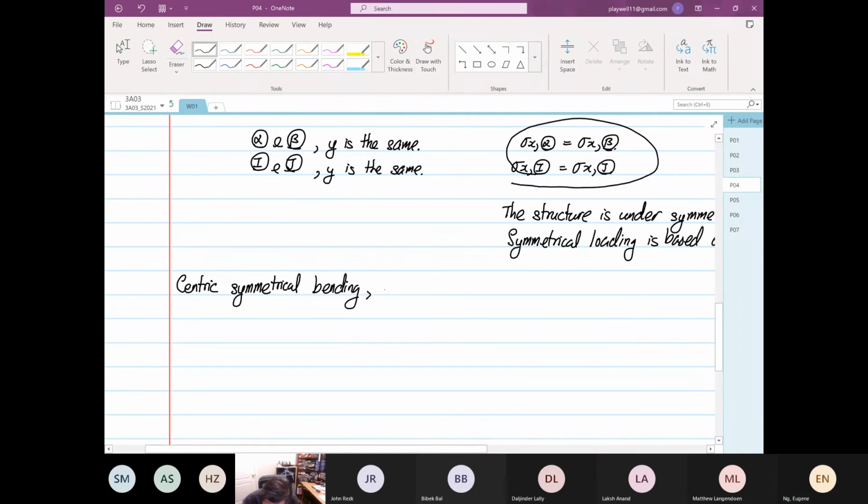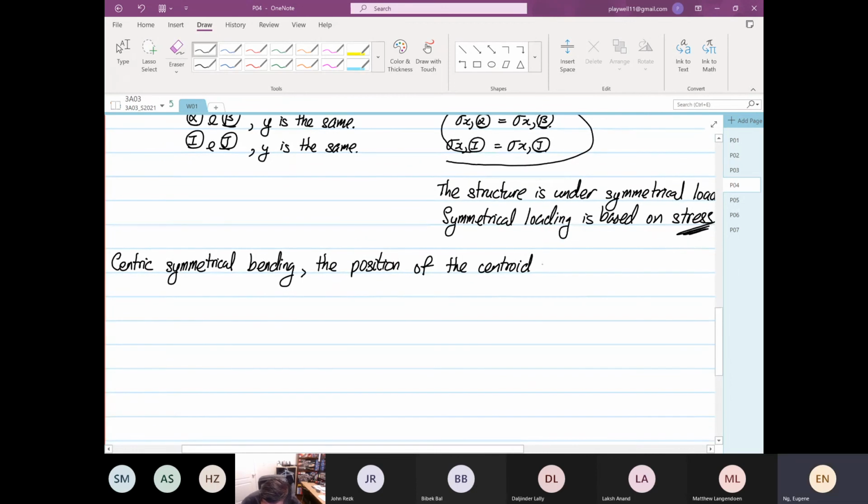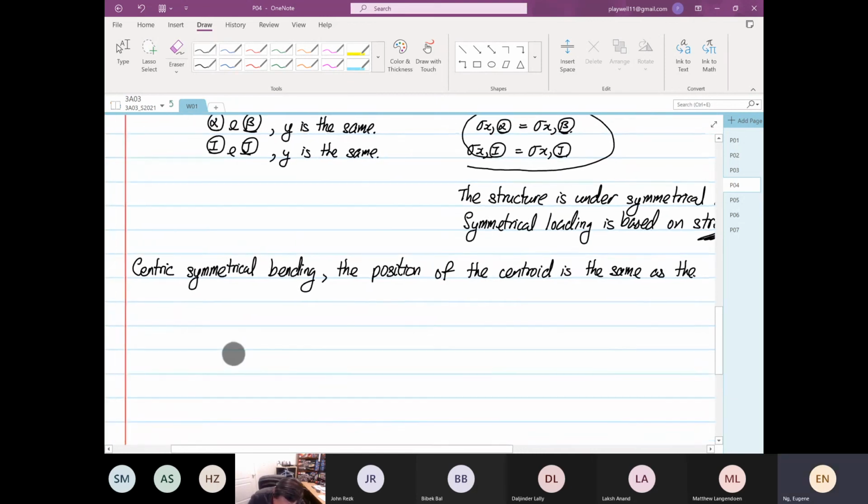the position of the centroid is the same as the neutral axis.